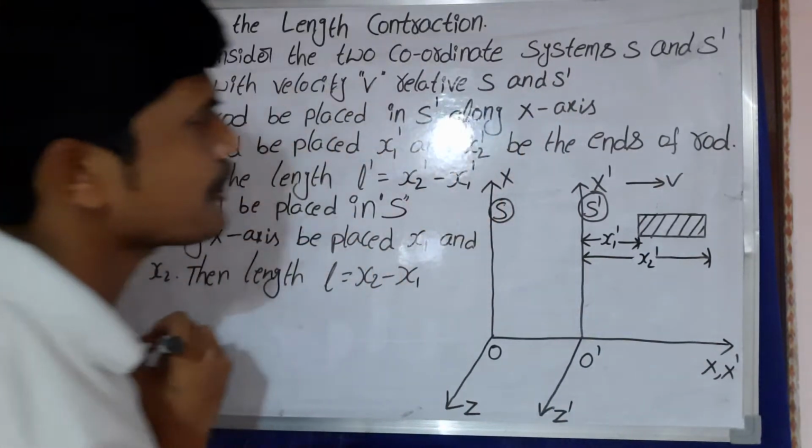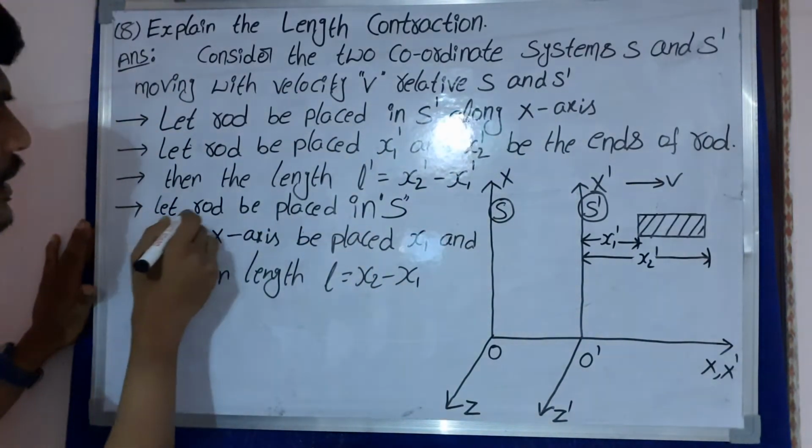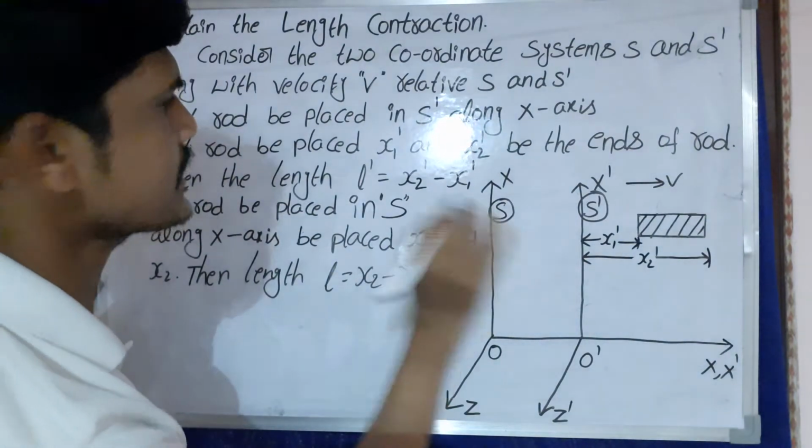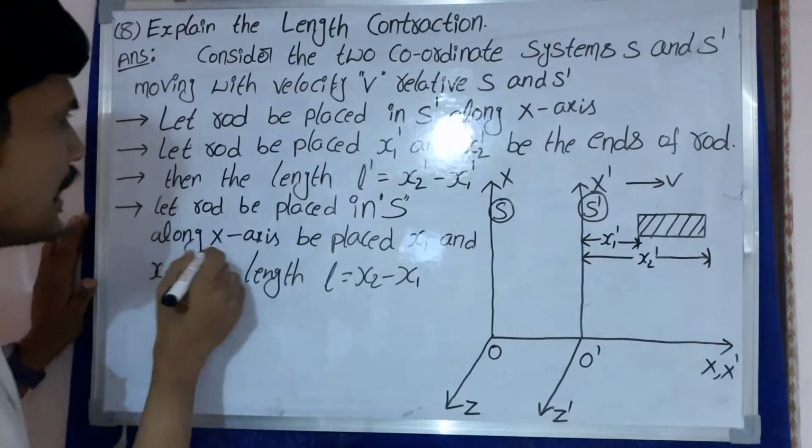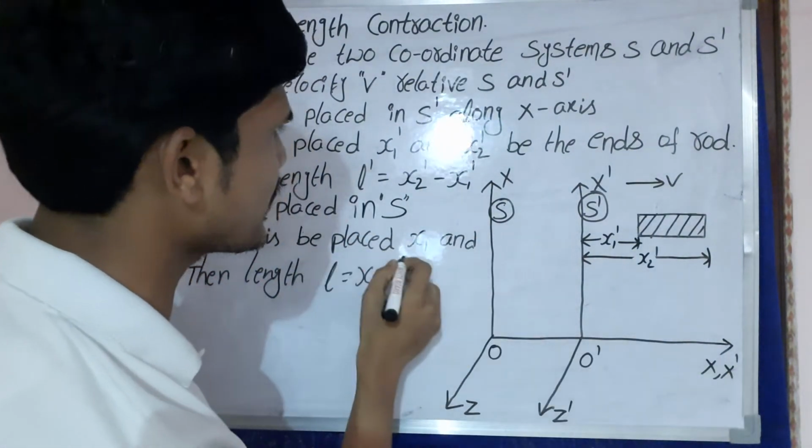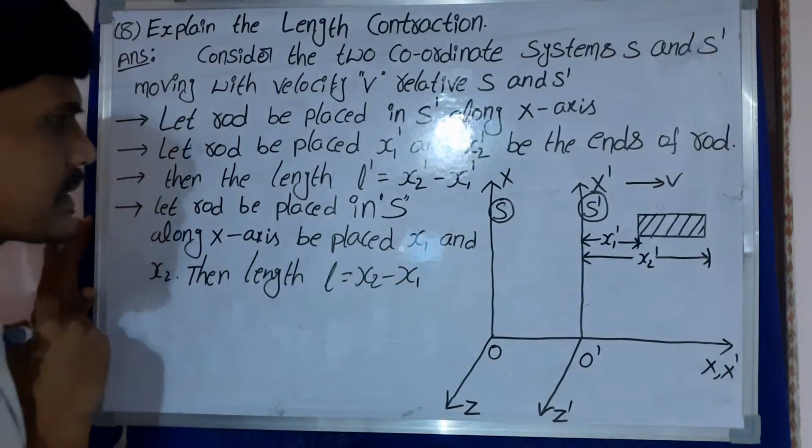Next, let the rod be placed in frame S along the x direction, at x1 and x2.